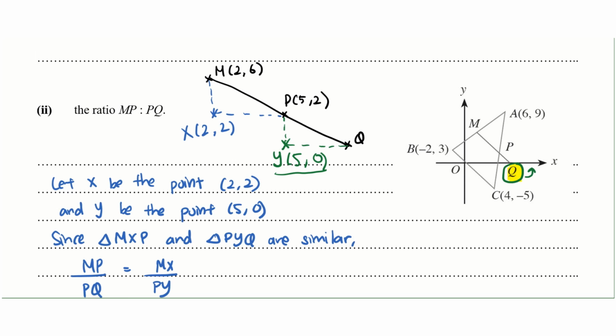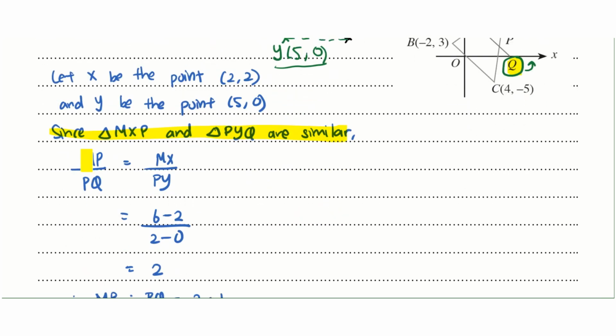Now that I know what X and Y are, we need to observe that triangles MXP and PYQ are similar to each other. So because they are similar, we will say that the ratio of MP over PQ, or rather the fraction, is actually equal to MX over PY.